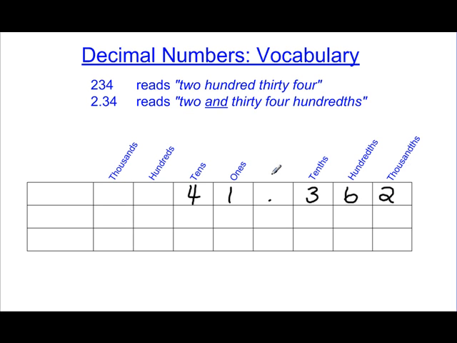So as you can tell, where I had a decimal, I said "and" and I read out the numbers following the decimal. It's 362 thousandths. The decimal name is determined by the smallest decimal place value in the number. Here, the smallest number was in the thousandths column.